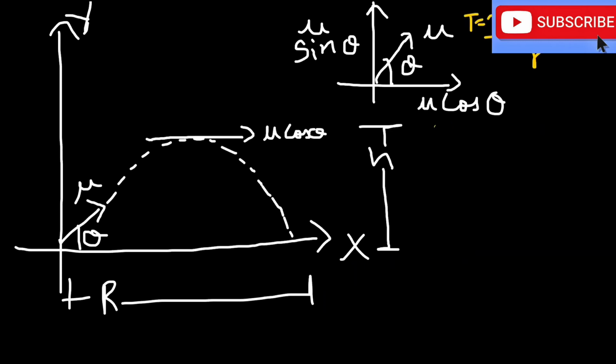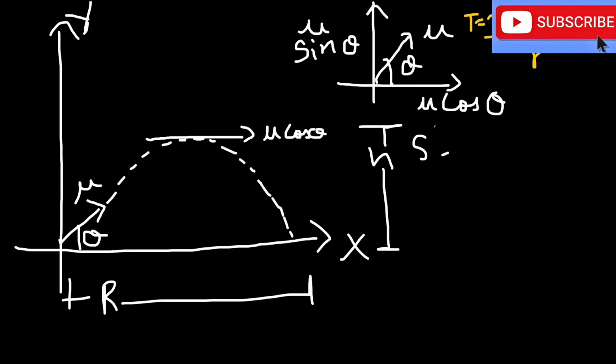Now talking about the maximum height attained by the projectile. For the vertical motion of our projectile, the vertical velocity is responsible. So we'll be using u sin theta to derive the expression of the maximum height. As we know, s equals ut plus half at square.